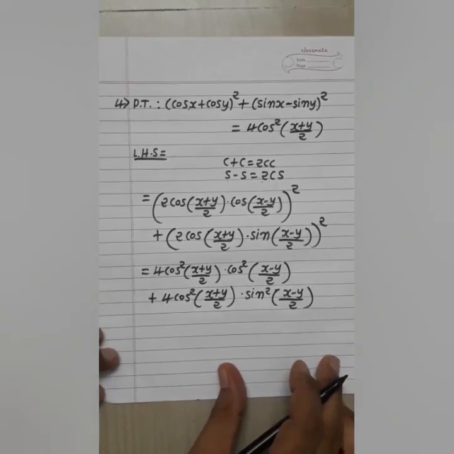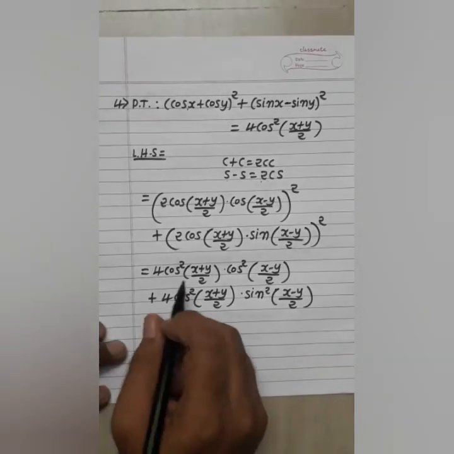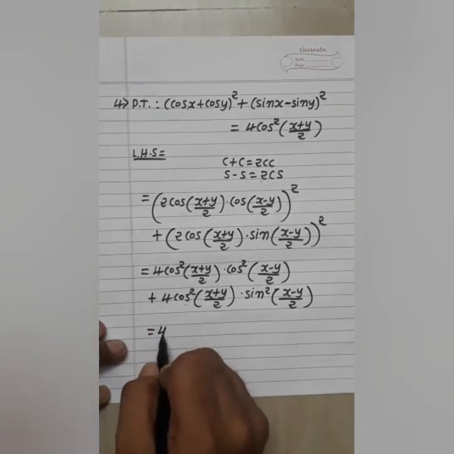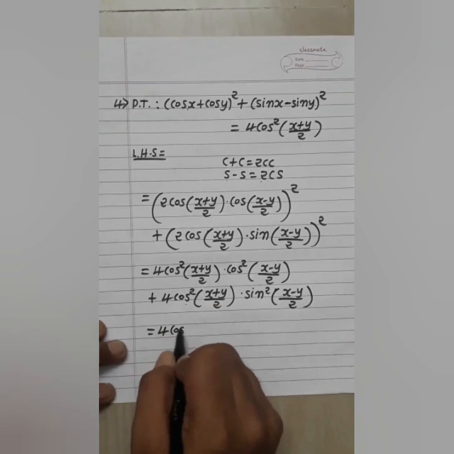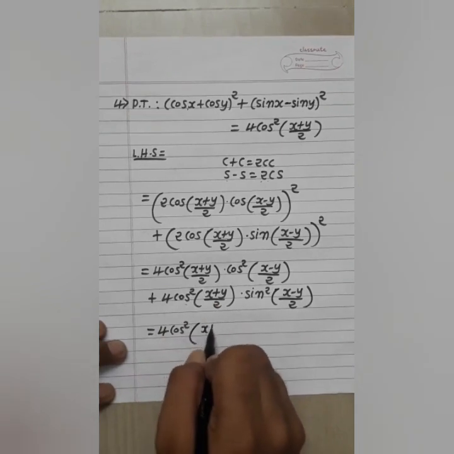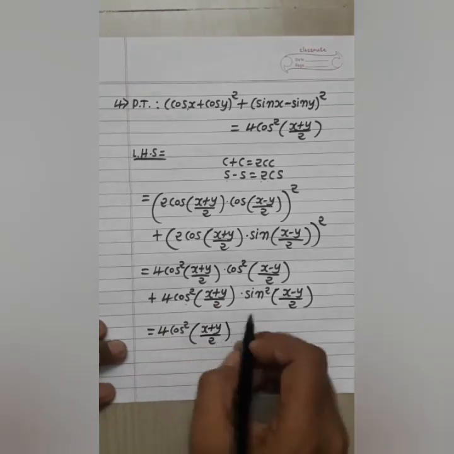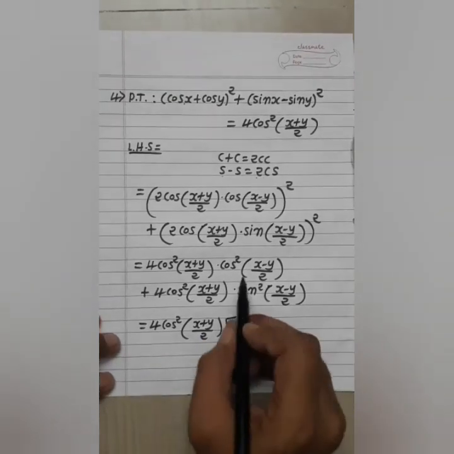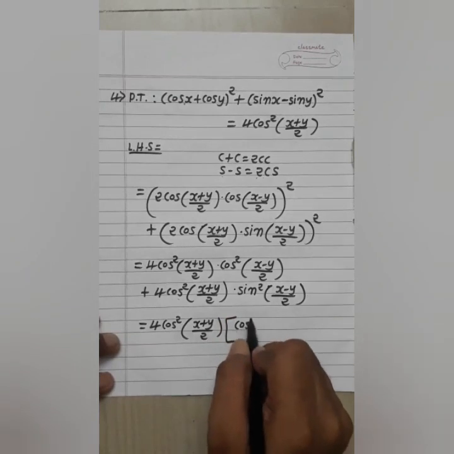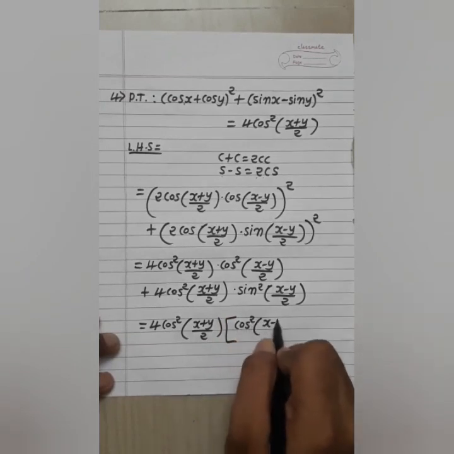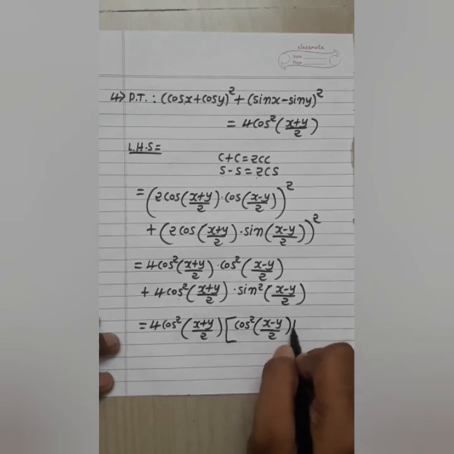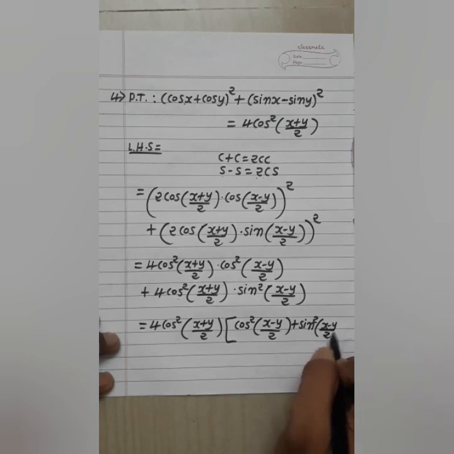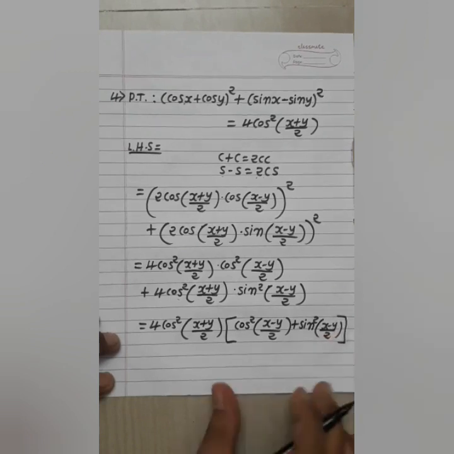Now which term is common in both these terms? So here the common term is 4 cos square (x plus y) by 2. So we can take it common. So 4 cos square into bracket (x plus y) divided by 2. Now the remaining term is written in another bracket. So the remaining term is cos square into bracket (x minus y) divided by 2 plus sin square bracket (x minus y) divided by 2, bracket over.